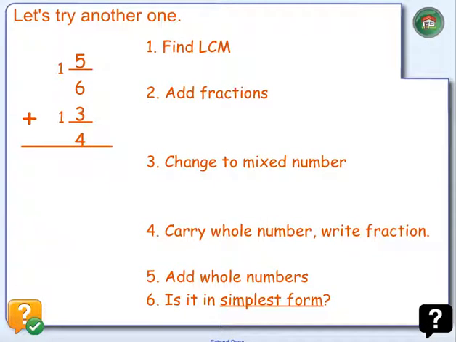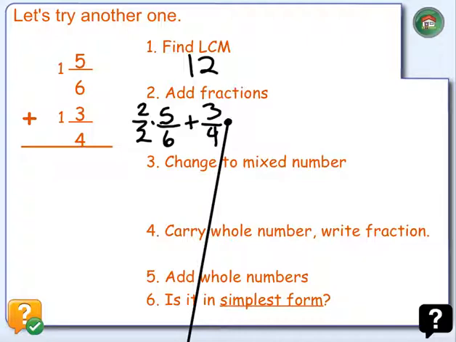Let's do it again. 1 and 5/6 plus 1 and 3/4. Least common multiple? Well, that will be 12. We need to add the fractions 5/6 plus 3/4. So we multiply 5/6 by 2/2 to get there, and 3/4 by 3/3.